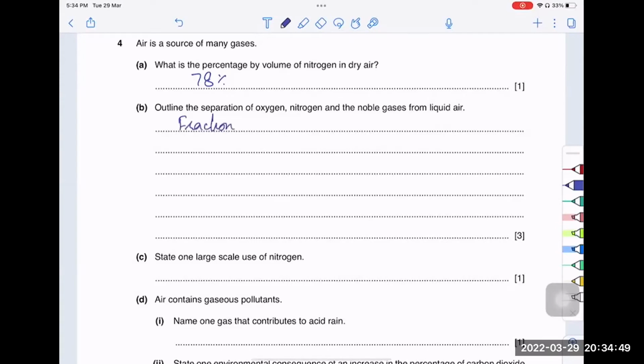Okay, so fractional distillation is the process. Because these are all gases already, we cool it. So we first get liquid air, but we already have liquid air.